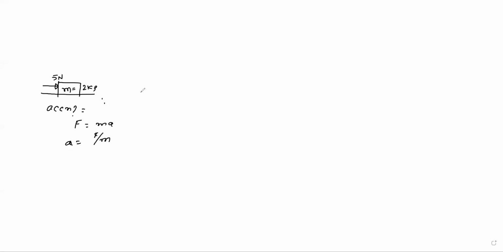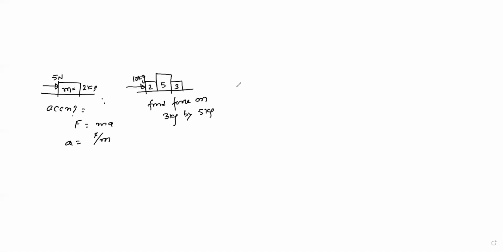Okay, so let's try to complicate this motion again. Suppose there are 3 blocks involved: this is 2 kg, this is 5 kg, this is 3 kg. And now you are applying a force of 10 Newton. And instead of acceleration this time, if I am asked to find the force on the 3 kg by the 5 kg, it will be a different problem.